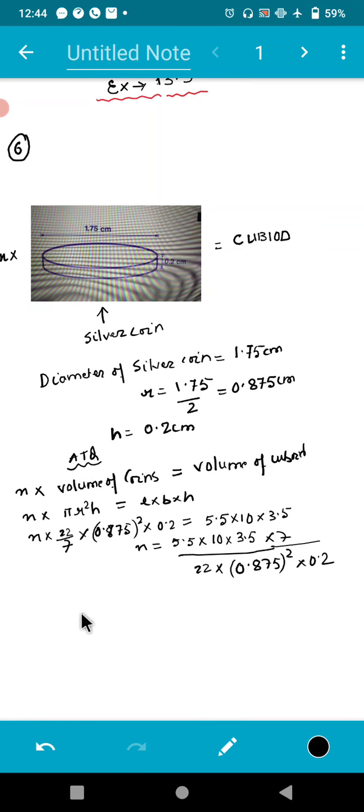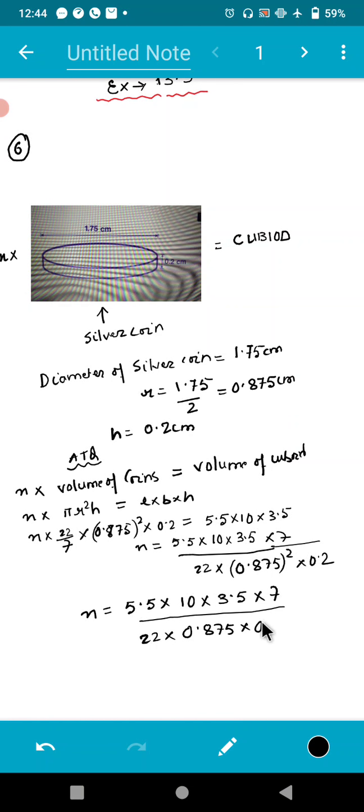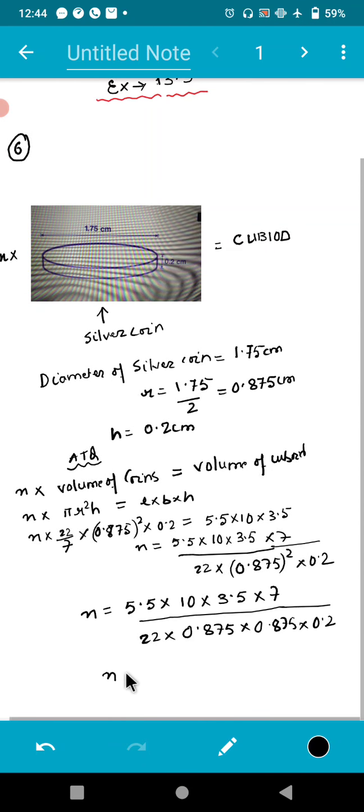So it will look like n equals 5.5 into 10 into 3.5 into 7 by 22 into 0.875 into 0.875 into 0.2. Now after calculation, students, the value of n that you will get is 400.